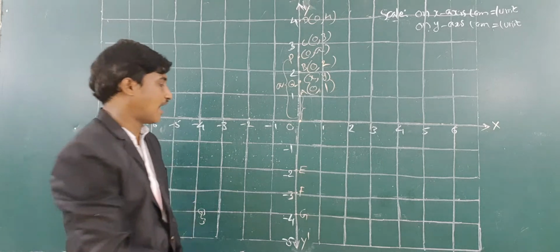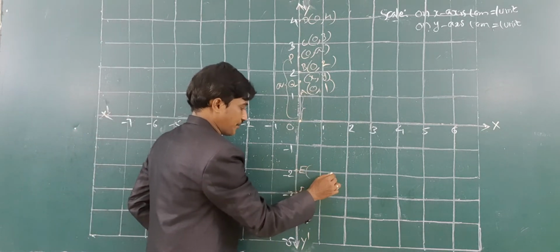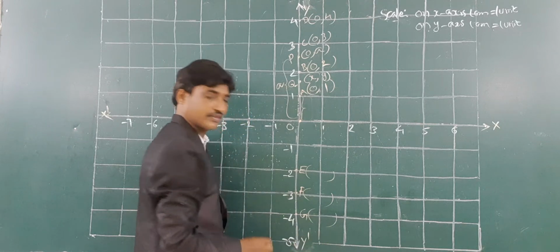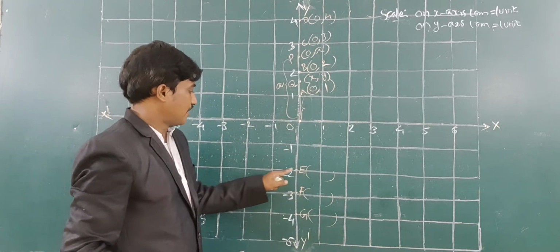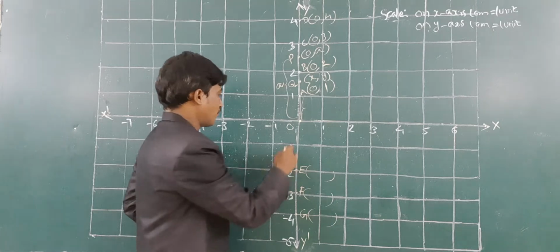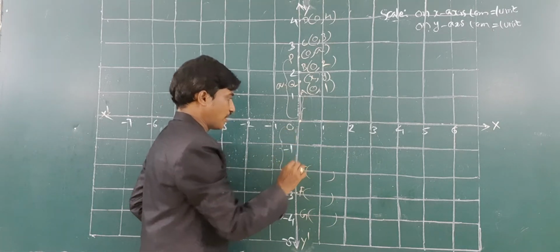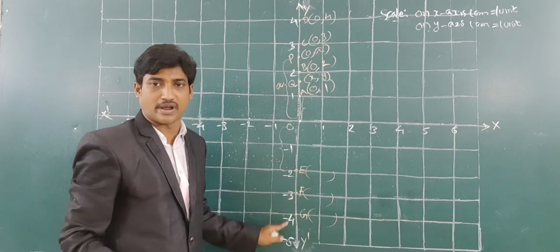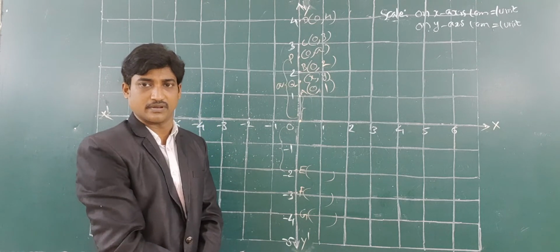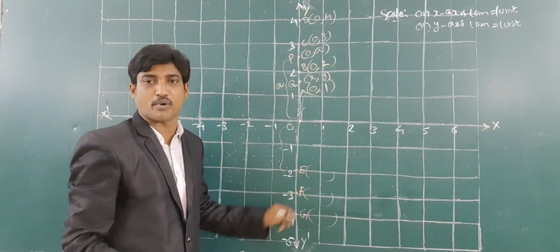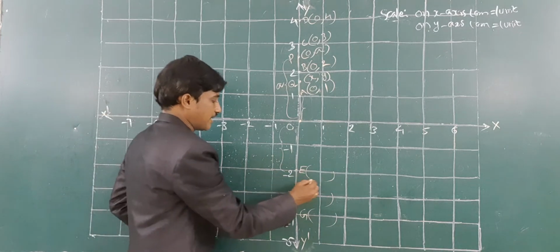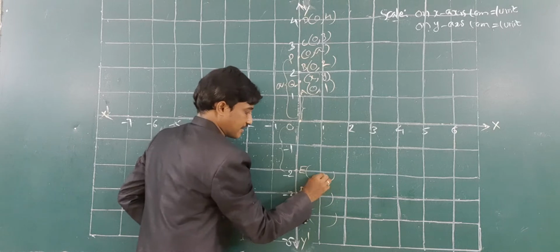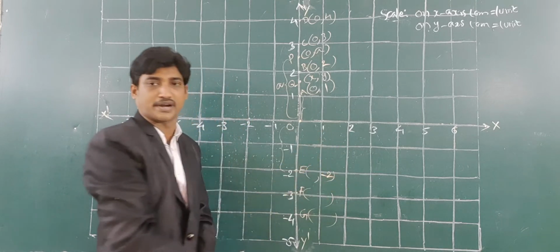Let us write the coordinates of the given points on the y-axis. Here, E is at a distance of 2 units from the x-axis, towards the negative y-axis. The distance from the x-axis to a point is called the y coordinate, so it is 2 units, but as it is on the negative y-axis side, the y coordinate is minus 2.